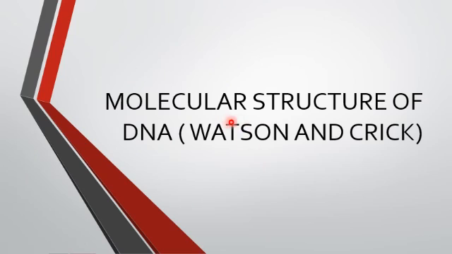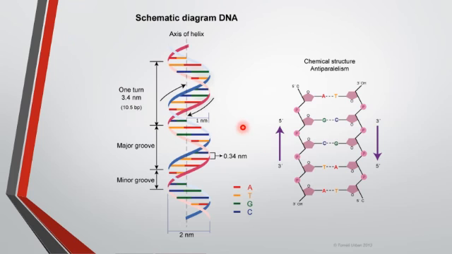Now comes the molecular structure of DNA, that is known as the Watson-Crick model. This is very, very important. Before we start with the salient features, with the diagram we will understand the various features of DNA. As we have discussed, DNA has 2 strands.